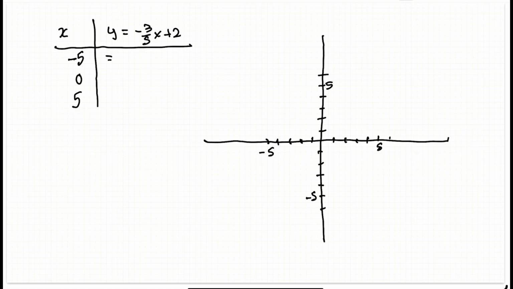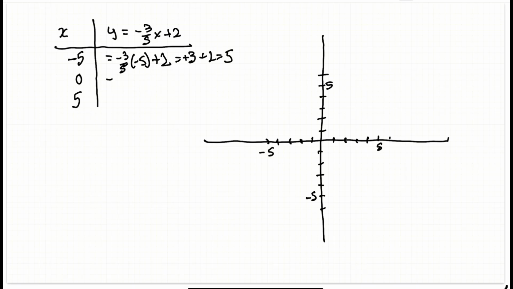So this function evaluated at minus 5, so we're going to get minus 3 divided by 5 at minus 5 plus 2. The minus signs cancel out, the 5's cancel out, so we're going to be left with minus 3 plus 2, that's equal to 5.